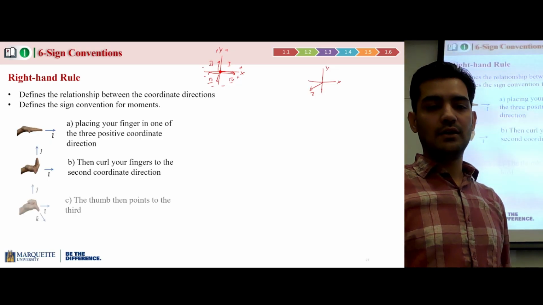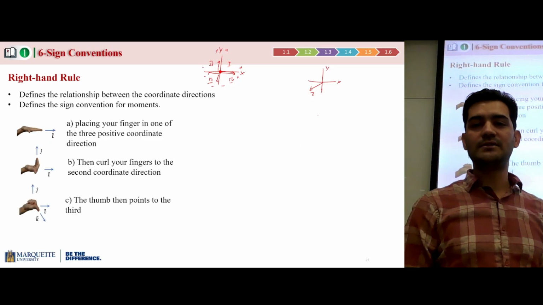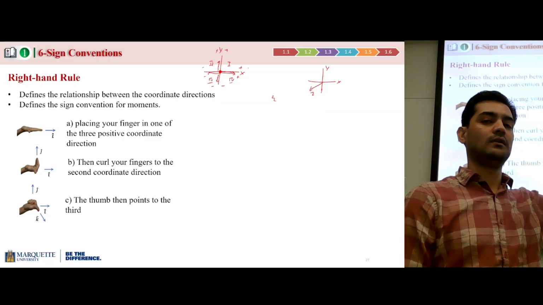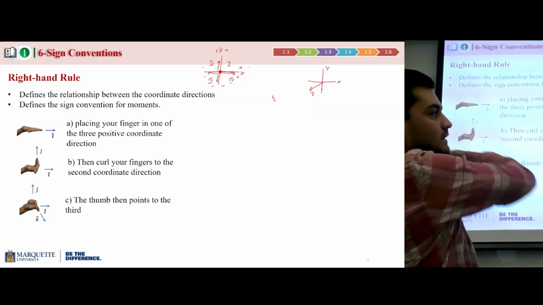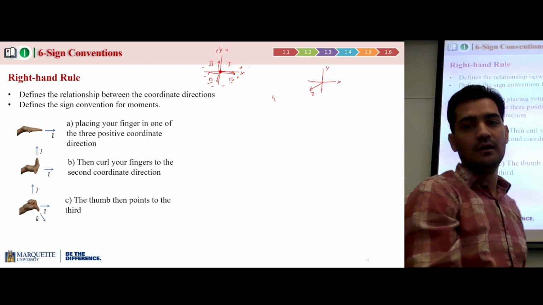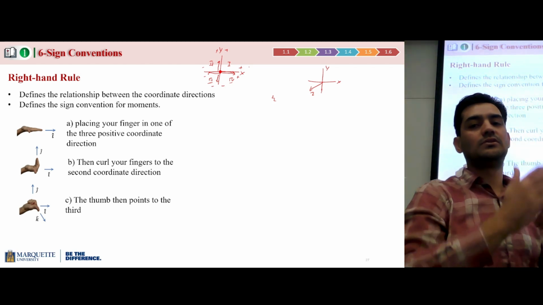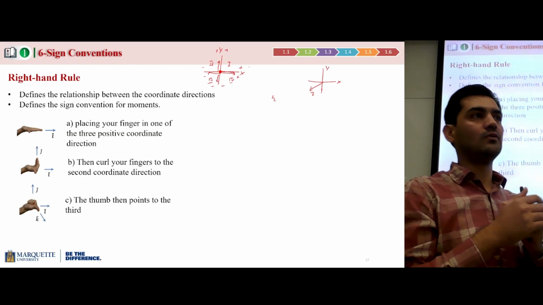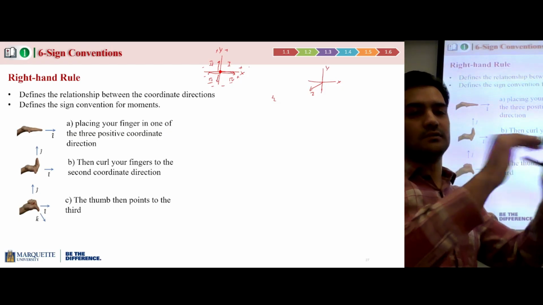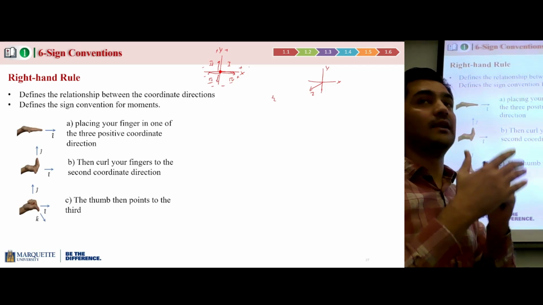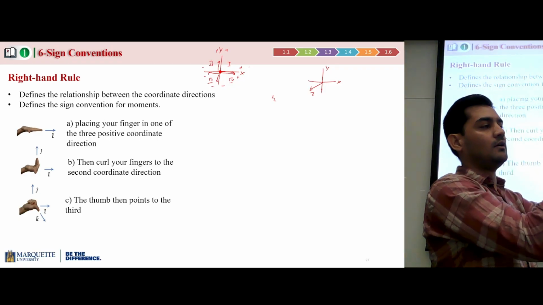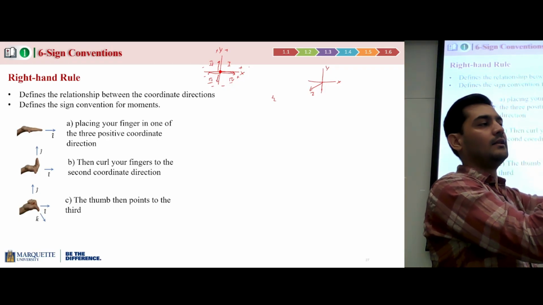So we want to know the direction. For two dimensions, the direction was pretty straightforward: the x-axis is positive this way, negative this way, y positive this way, negative this way. But if it's three-dimensional, it gets a little complicated. So we can use the right hand rule to figure out the positive directions of the coordinate system. We use our right hand and the index finger.